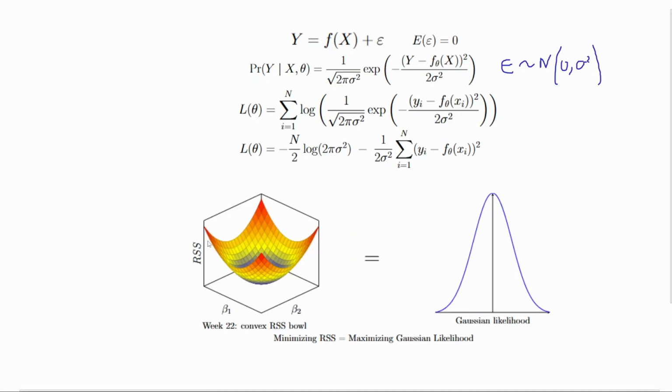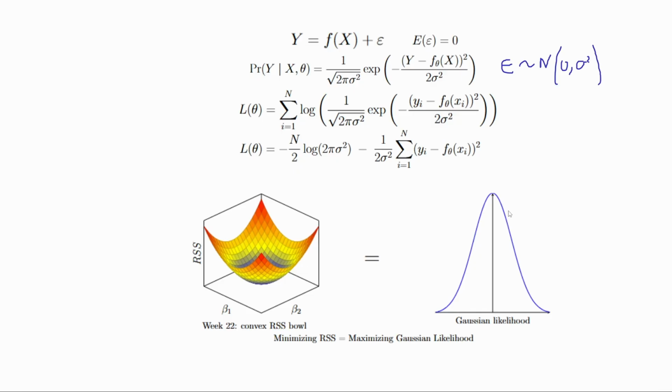So looking at this diagram, we saw again that the residual sum of squares over our parameters, in the case of linear regression, we have these beta 1 and beta 2, is equivalent to assuming that our noise is Gaussian.